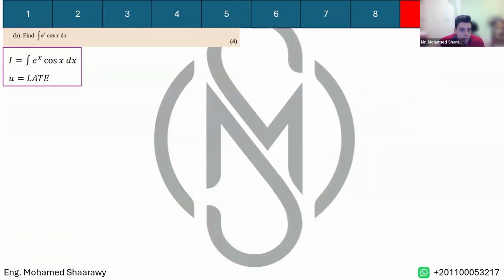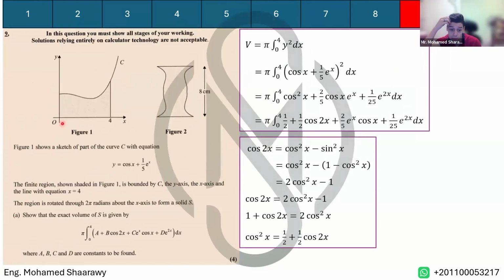Now, if you ask yourself, actually, this integral is not hard for half. It's easy for half cosine 2x, but this is a big problem. The integral of e power x cosine x requires some integration by parts skills.